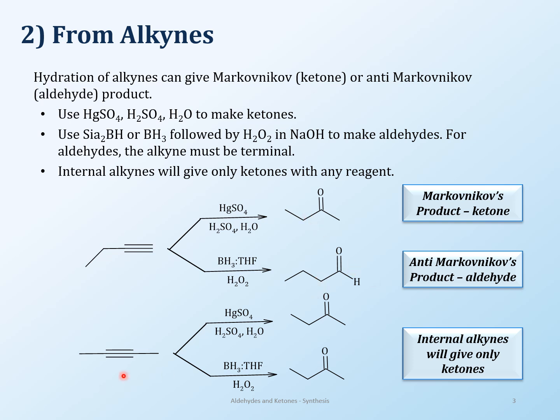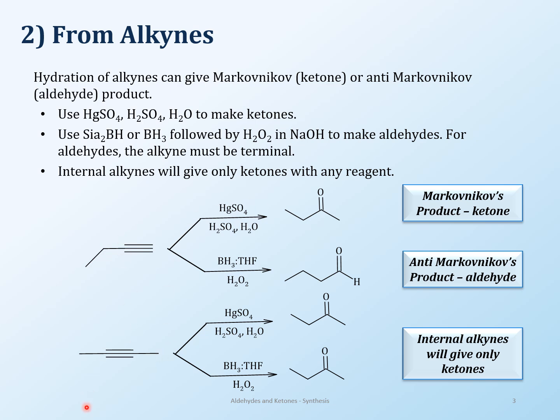But if you have an internal alkyne, now everything is symmetric, and because of that, no matter what reagent you use, you're going to get the same product. So you have choices. If you want to make an aldehyde, then you have to use a terminal alkyne, but otherwise you will get a ketone only.